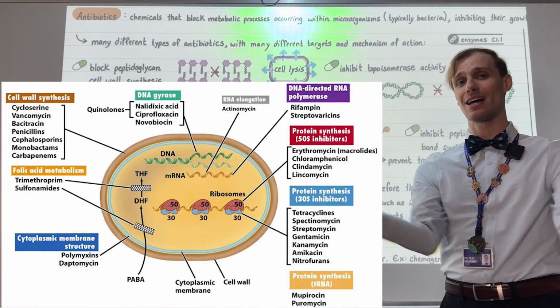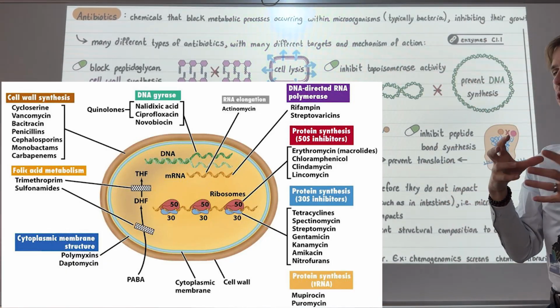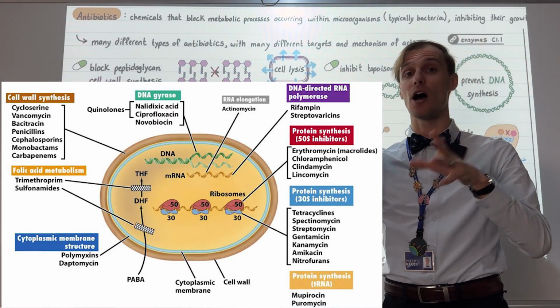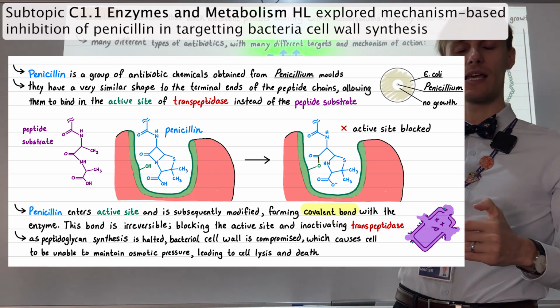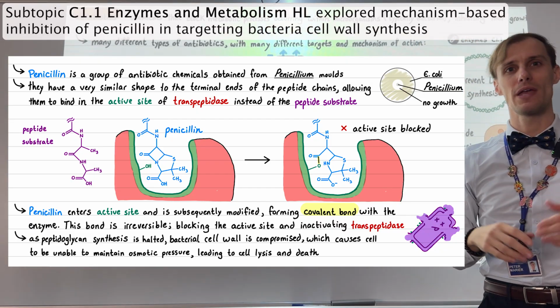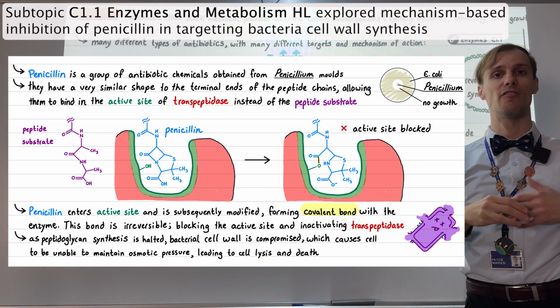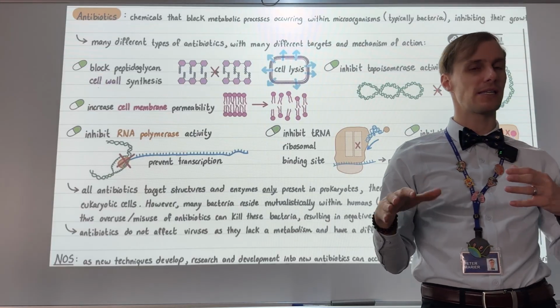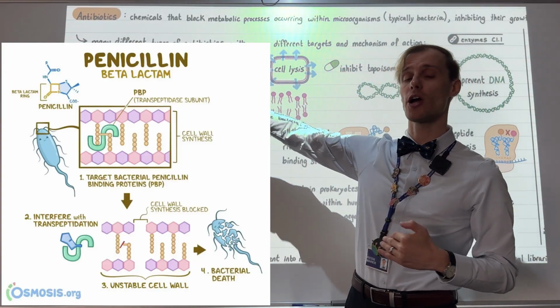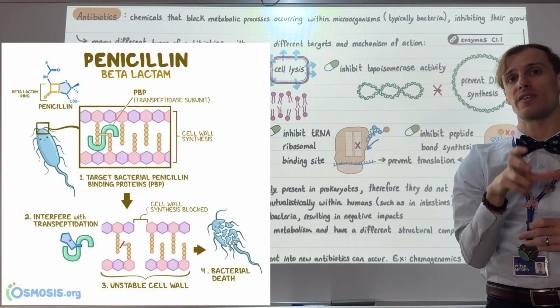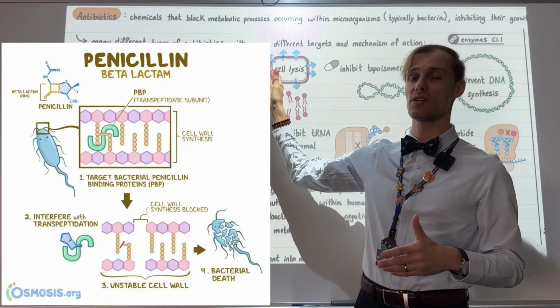There are many different classes of antibiotics, each of which target a slightly different part of the bacterium's life cycle. Now, this was partially explored in the enzyme subtopic at the HL level, where we actually explored the function of penicillin. Now, penicillin as an antibiotic is a type of an antibiotic that actually blocks or targets an enzyme within bacteria that builds their cell walls.